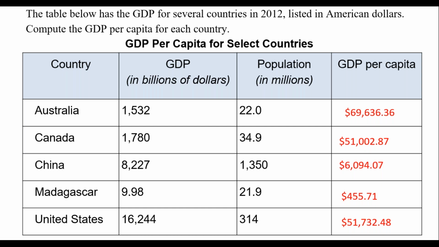Billions means 10 to the ninth. So I can just say times 10 to the ninth. And then when I'm dealing with the population for Australia at 22.0 million, well, remember, that's 22 million or times 10 to the sixth power. All right, so then I can do my division. Remember, when I'm dividing with powers of 10, I'm going to be subtracting those exponents, numerator minus denominator, and you should have the final answer.